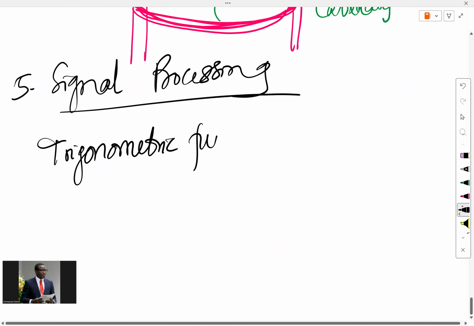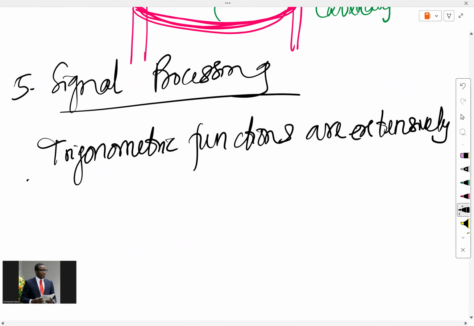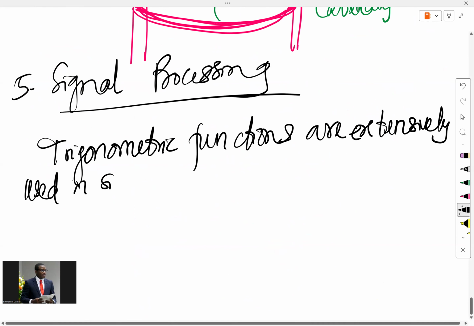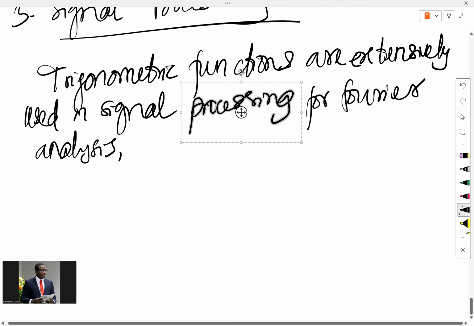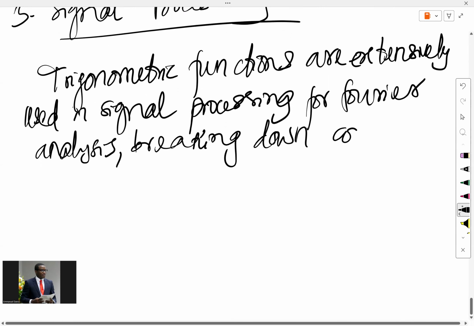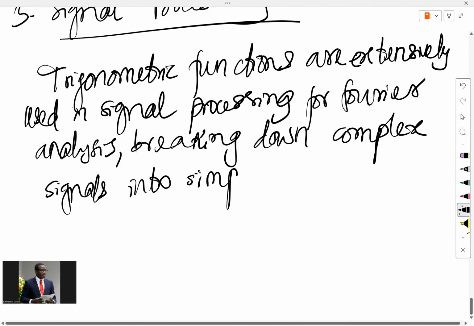Trigonometric functions are extensively used in signal processing for Fourier analysis, breaking down complex signals into simpler components.